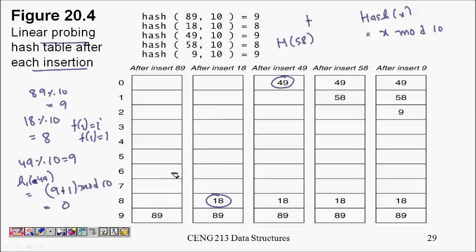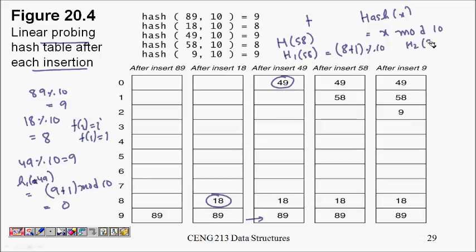And then we have 58. 58 modulo 10 is 8, it comes to the 8th position, but again there is a collision. So h1 of 58 will be 8 plus 1 modulo 10, 9, so again it finds a collision, okay.